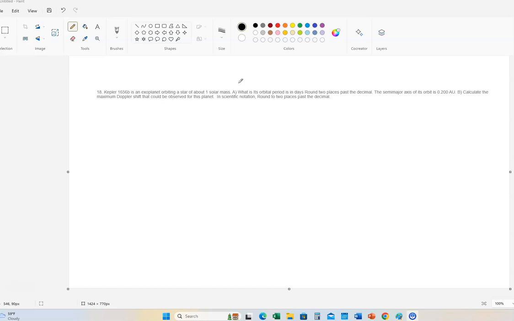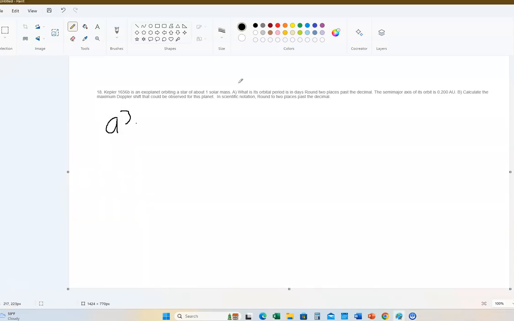And that means that we can use Kepler's third law, a cubed equals p squared, where a is the semi-major axis and p is the period in years. So part A says what's the orbital period.